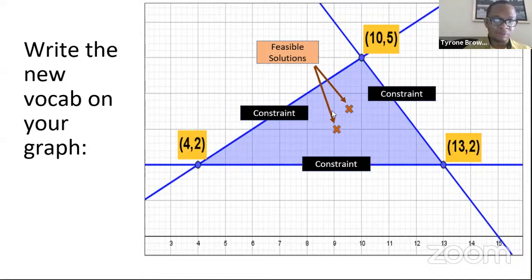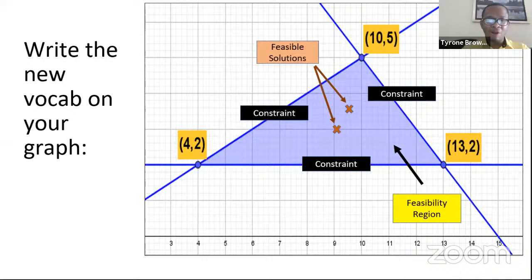Good? Okay. Finally, the feasible region considers all of the possibilities, and that's a shaded area. So those are all the possibilities that we could possibly have for our solutions, and that's in the shaded area.